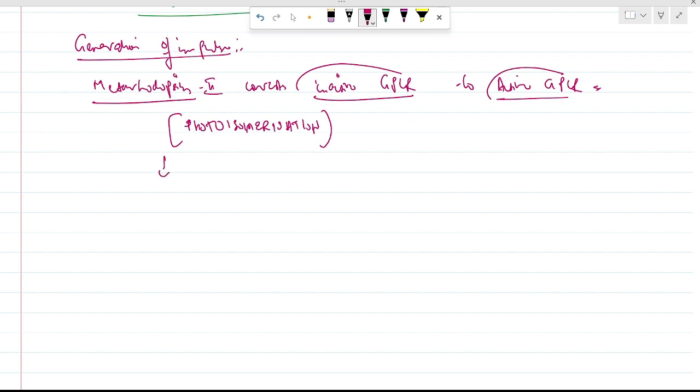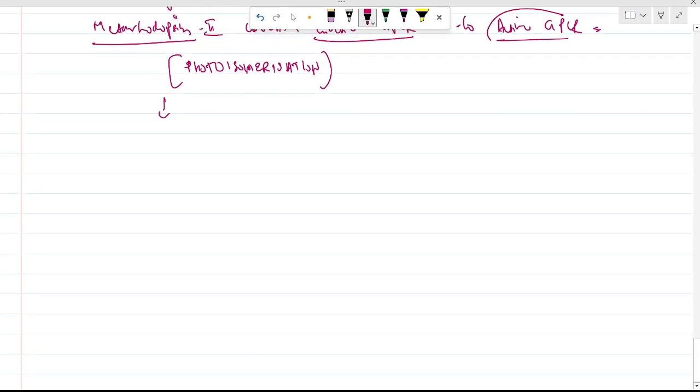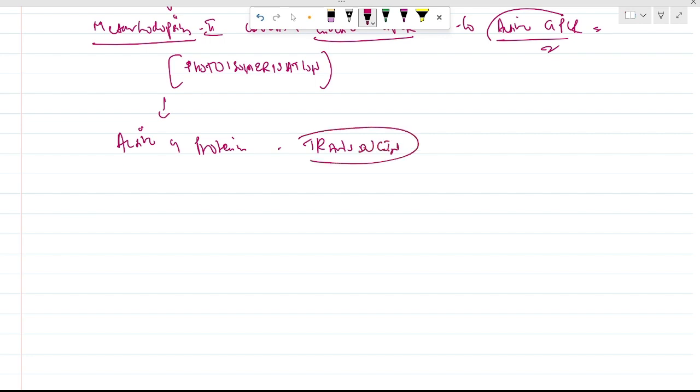which then further leads to the formation of active G protein. Active GPCR, active G protein called transducin. All these proteins are very important. We need to remember their names. Meta-rhodopsin 2, active G protein is transducin.